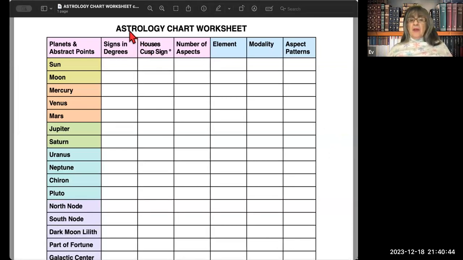This is an astrology chart worksheet that we use here in Holistic Healing Astrology for the students that are learning astrology.